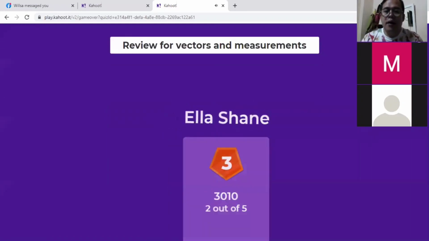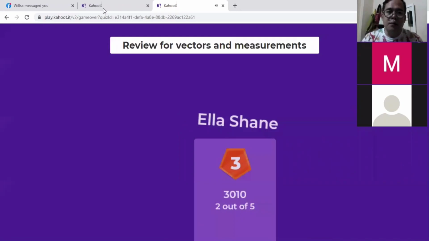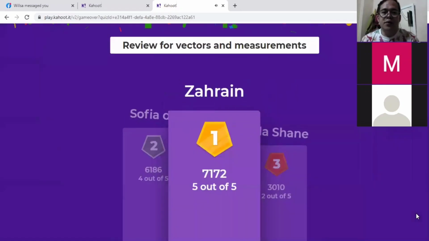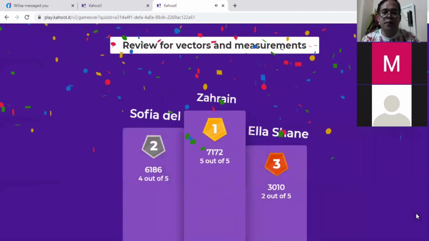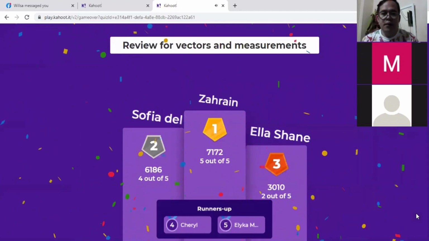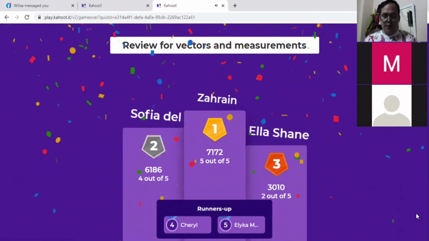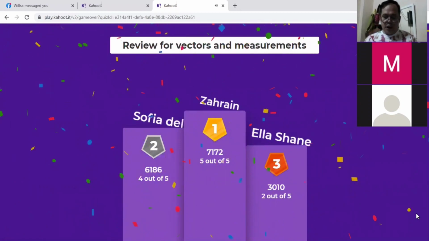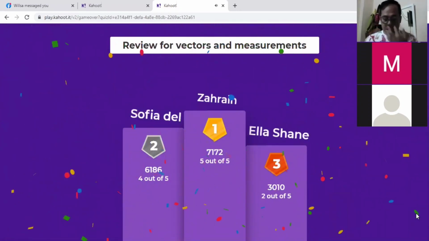Both are actually angle of elevation and angle of depression. So Zarain is on the top, Ella, Shane, Cheryl, and Elika.